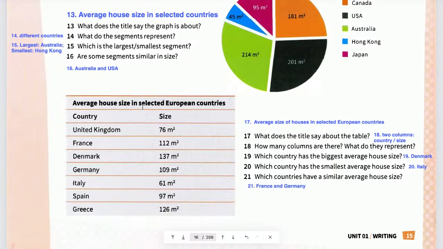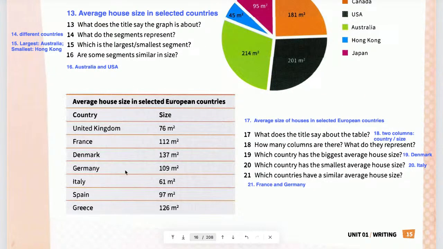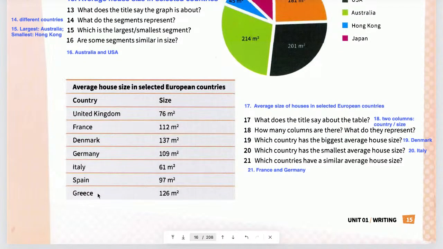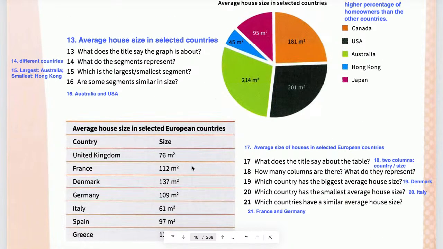You understand? And here they say, for example, some houses in Greece, like 126 square meter, is still bigger than the houses in Hong Kong, right? Or Japan. See that?